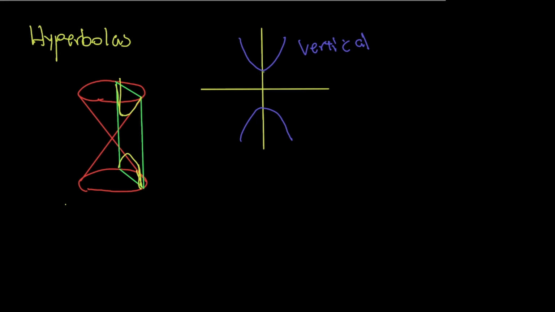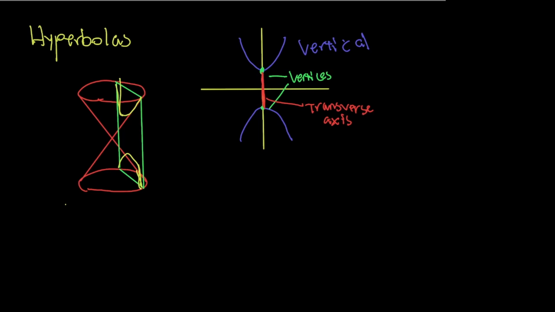The 2 points, like the 2 turning points, there's one here and one here. Those are called the vertices. And the line that connects the vertices, right here, that's called the transverse axis.